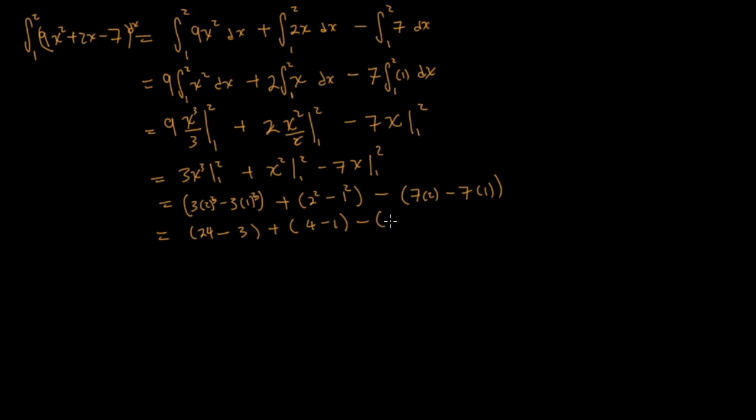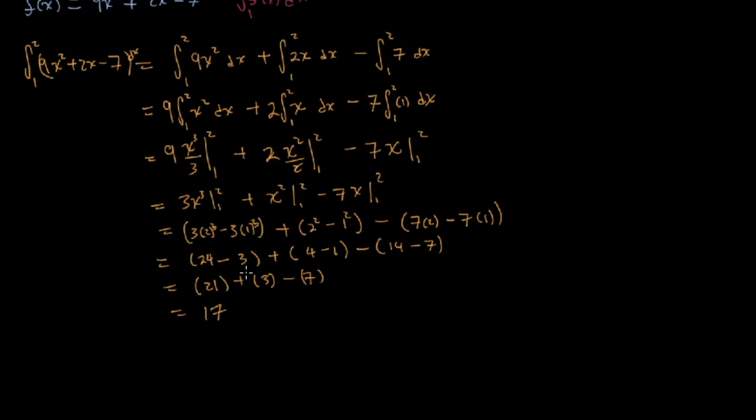And then 7 times 2 is 14, and 7 times 1 is just 7. And simplifying even further, we have 21 plus 3 minus 7. And then when we add all those together, add 21 to 3 and then subtract 7, we are left with 17.